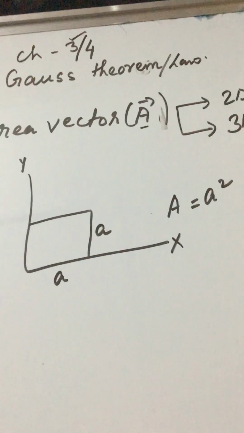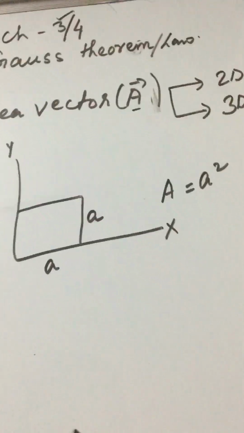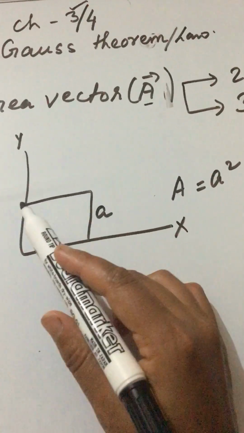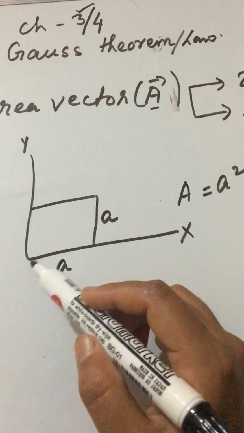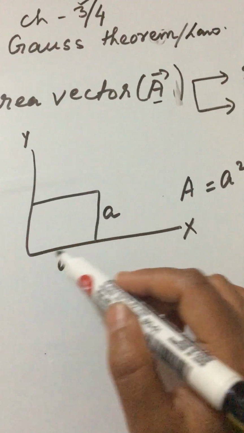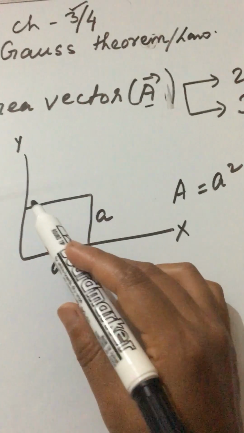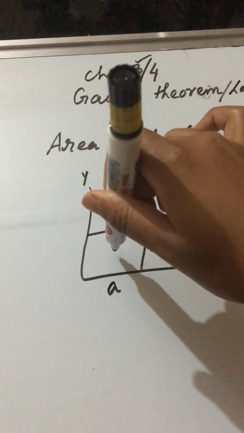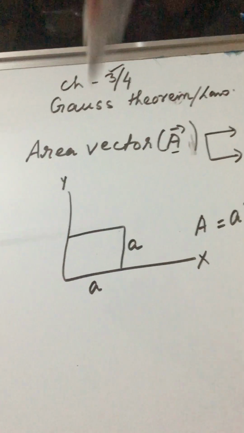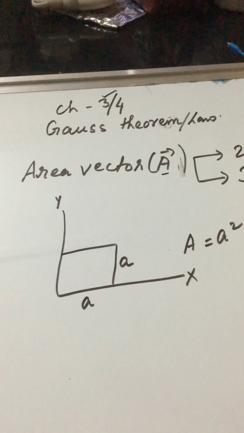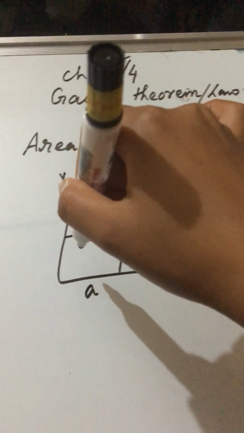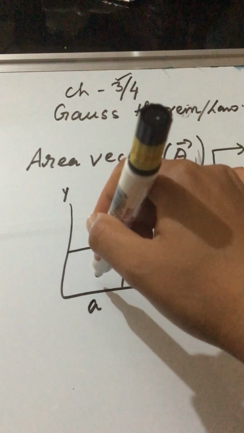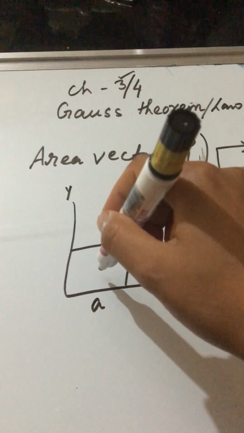Now what is the direction of the area vector? It should be perpendicular to this plane. Perpendicular to this plane means the z-axis. It can be either the z-axis or the down z-axis, that is z dash axis. So that is basically the area vector.